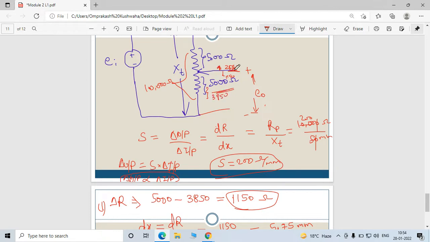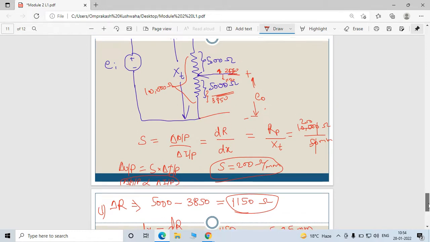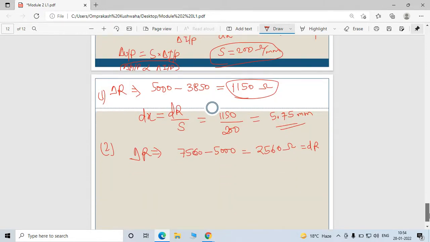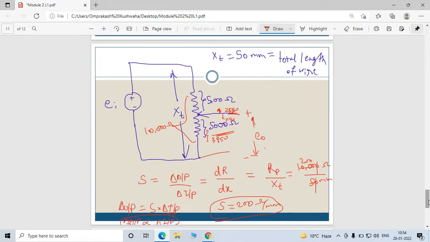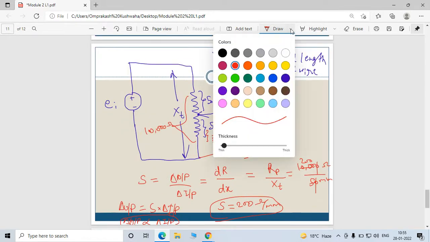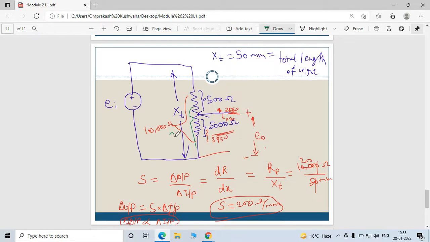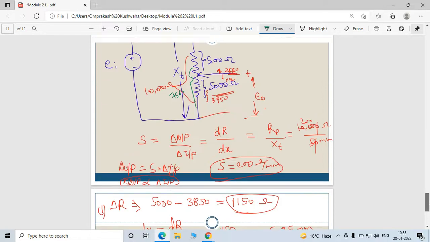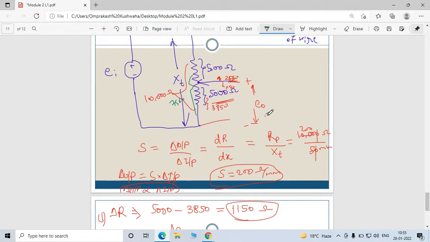And same way, when you add this whole, you will get 7560, sorry, 7560. Okay, I hope this is clear to you. So in this way you can measure the displacement from this side.